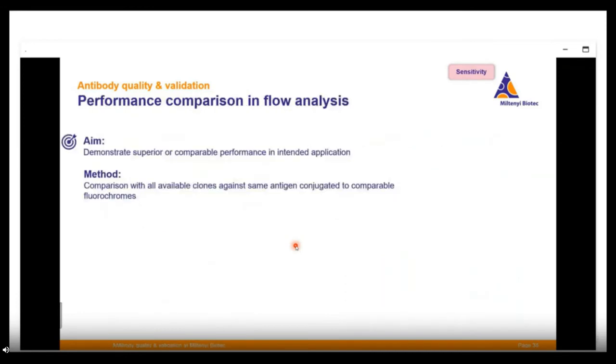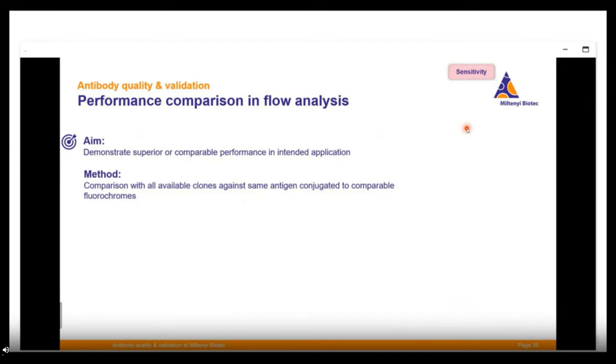So quickly on the topic of the performance comparison in flow analysis. Here the aim is to demonstrate whether the performance of our Re-Affinity clone is superior or comparable for the intended application or not.